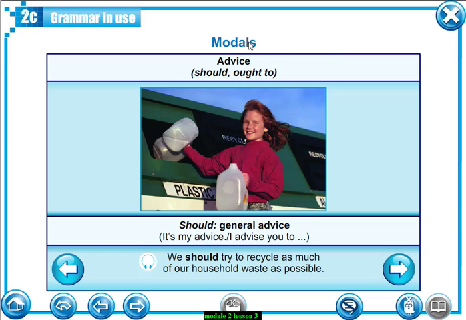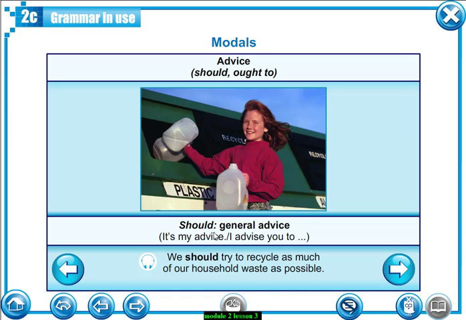Which of the modals can we use to give advice? We use should or ought to. Should is used as general advice. As we said, it's my advice, or I can say I advise you to do something. It's my advice for you to study hard, or I can say I advise you to study hard.